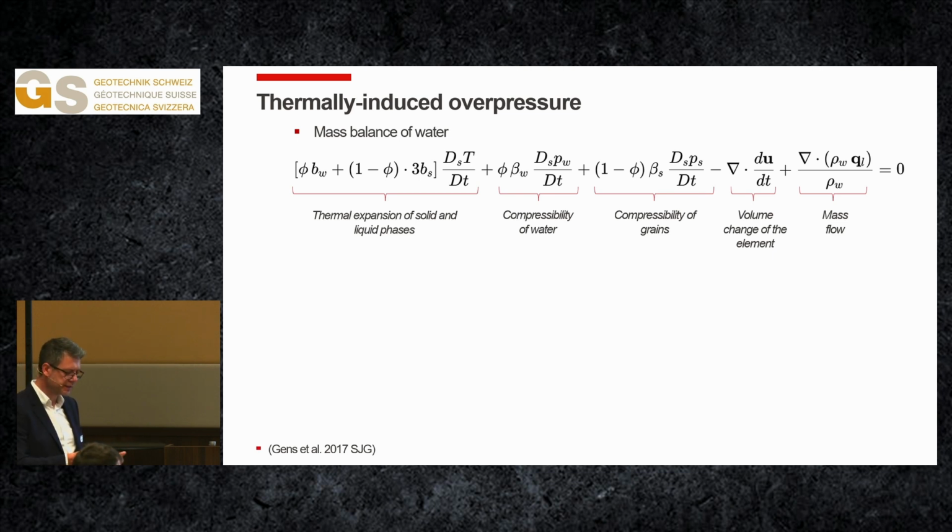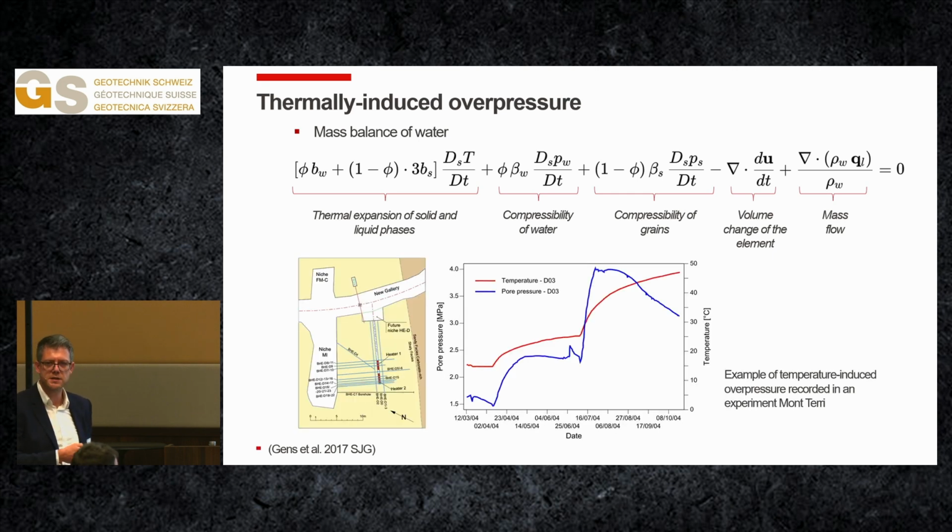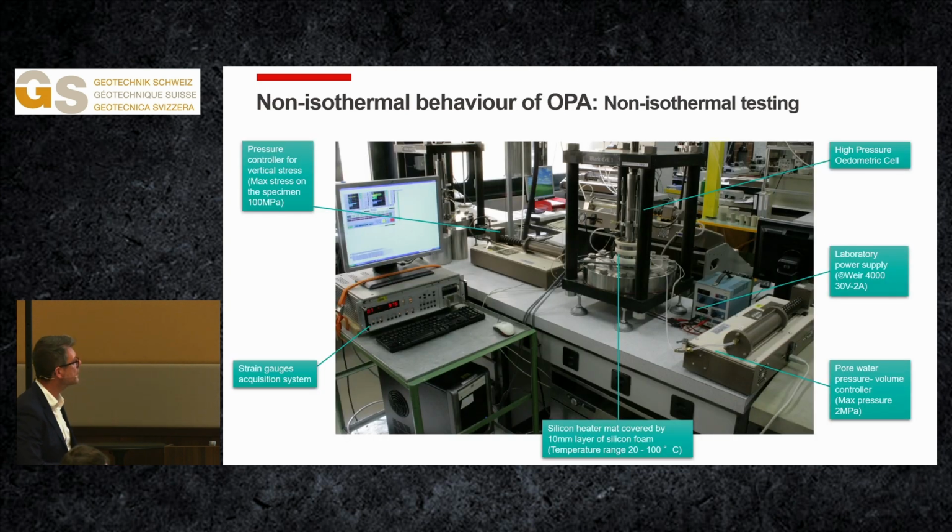This effect cannot be marginal, and has also been documented. This is one of the experiments done in Mont Terri, where you see the thermal pulse that was applied by a heater and the consequent rise in pore water pressure that can be in the order of several megapascals.